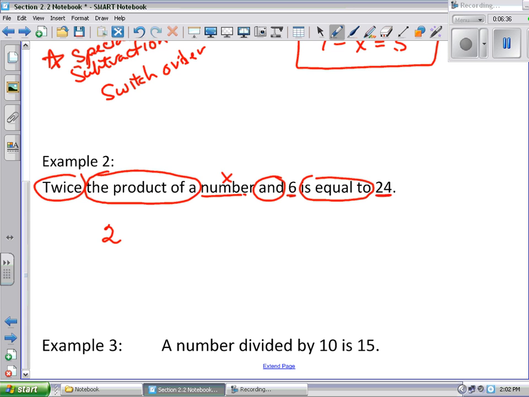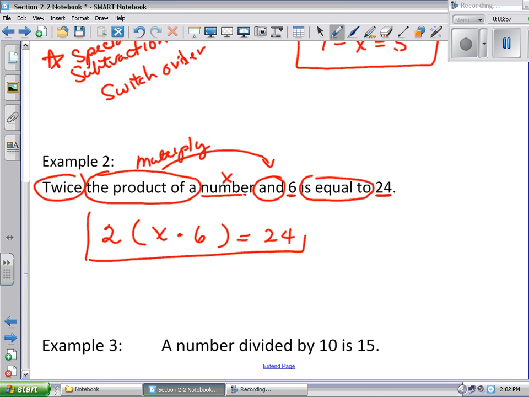Twice the product of a number and 6. Product means multiply. The word and tells me where I'm going to put my multiplication symbol, so I have x times 6 is equal to 24. 2 times x times 6 is equal to 24.